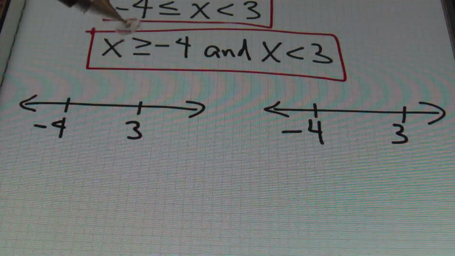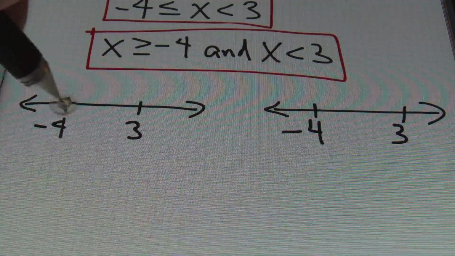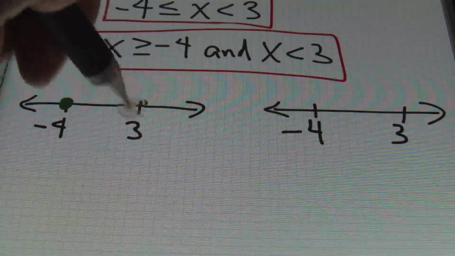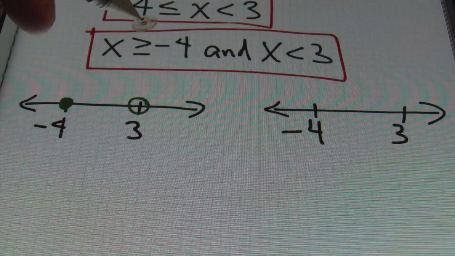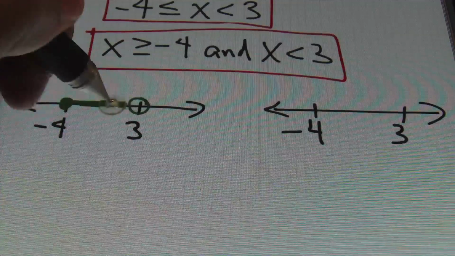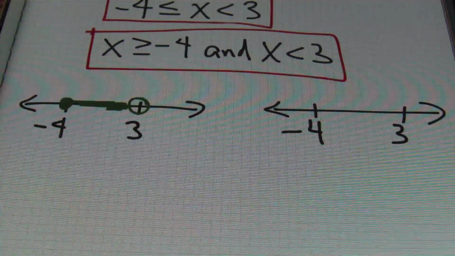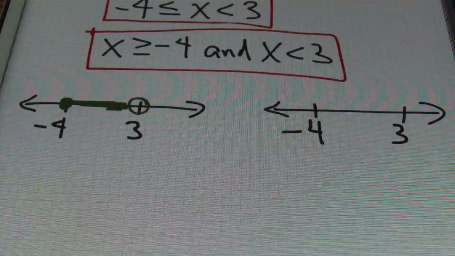Because I have x is greater than or equal to -4, I'll need to use a closed circle here at -4 and an open circle here at 3. Notice that my solutions are going to be greater than or equal to -4, and as they approach 3, I know to stop here because they also have to be less than 3. So that's going to be my solution using closed and open circles.